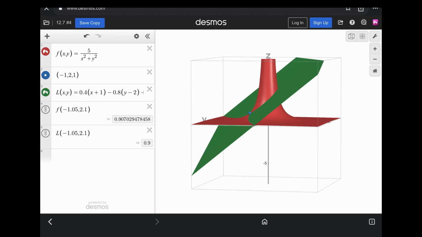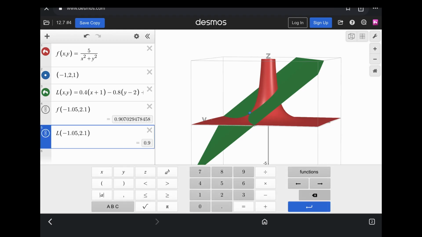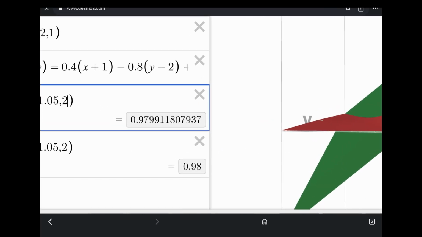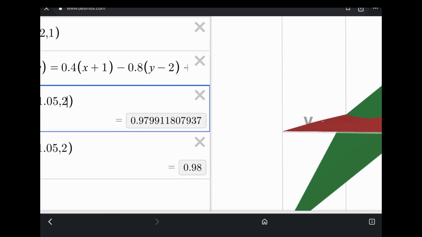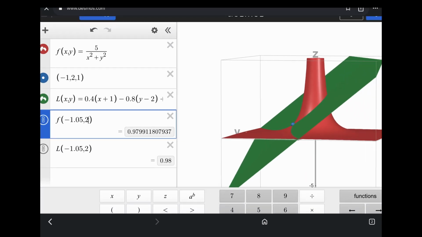And if I had the values be even closer, let's just say it was like 2 and 2. See how close that is? 0.09799. That's to the 10,000th place. That's within 10 to the negative 4 accuracy. That's really, really, really close, right?